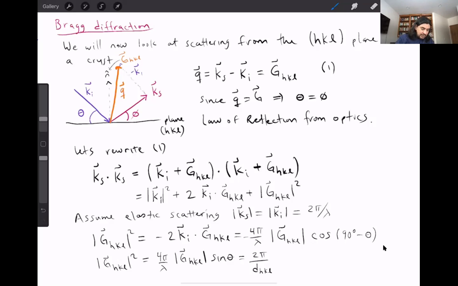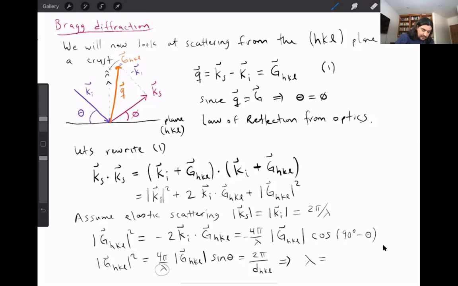All right. The most important thing though, and this part is from our previous class, is that 2 pi over d HKL is also equal to the magnitude of G. So from all of that, we have a lambda over here. Let me rewrite it.